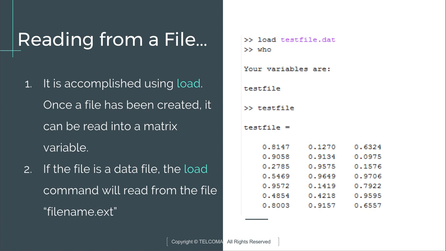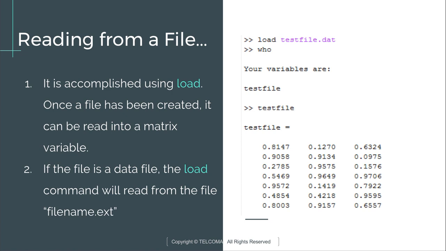Next is reading from a file. It is accomplished using the load command. Once a file has been created, it can be read into a matrix variable. If the file is a data file, the load command will read from the file name dot ext, like I have shown here, load testfile.dat, where testfile.dat is my data file.